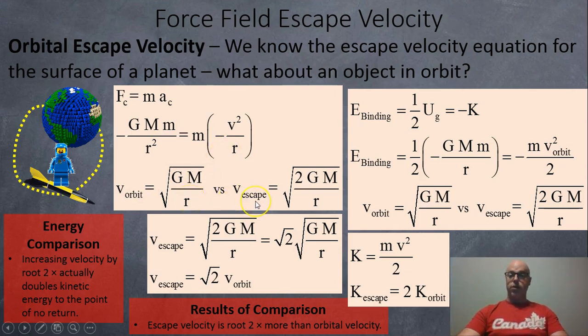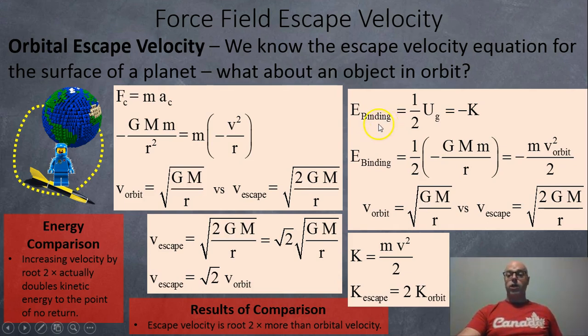Now if we compare that to the escape velocity, you'll notice there's only one slight difference between orbital velocity and escape velocity, is there's a 2 inside the square root. Of course, if you were to square the velocity, you'd end up with twice the kinetic energy when you escape compared to your orbital velocity, which makes sense if we go back to our old binding energy formula.